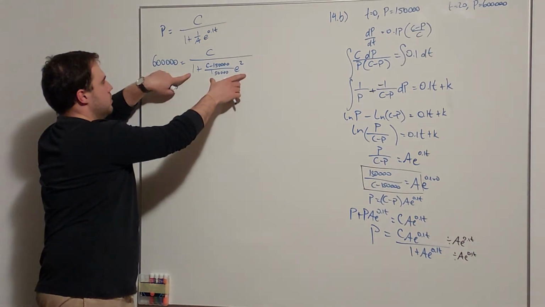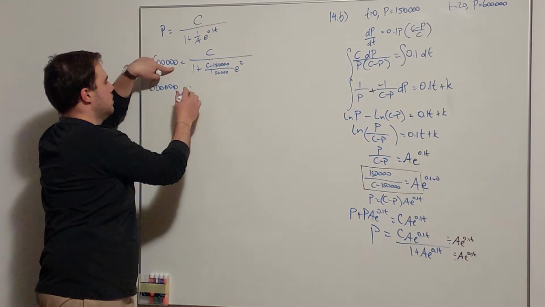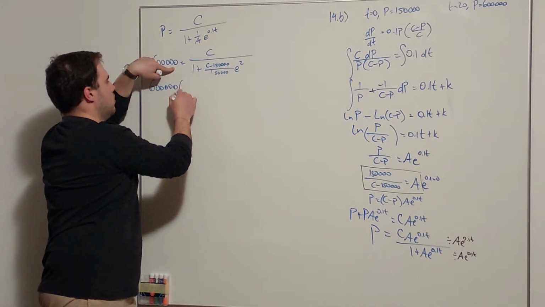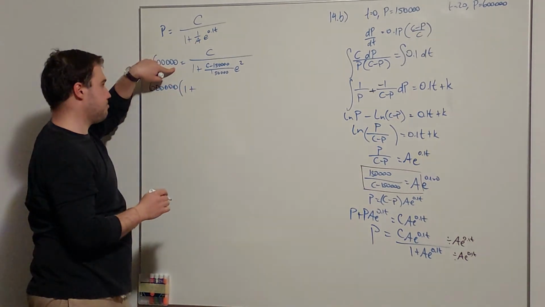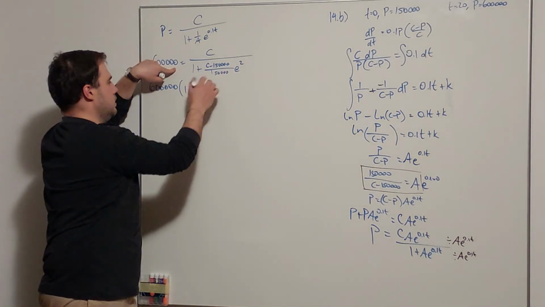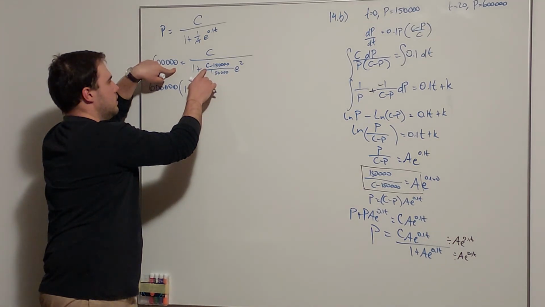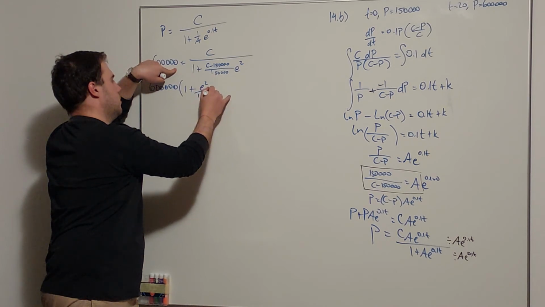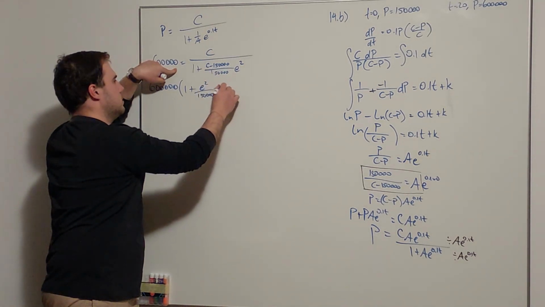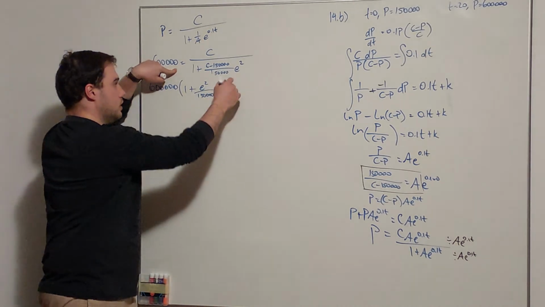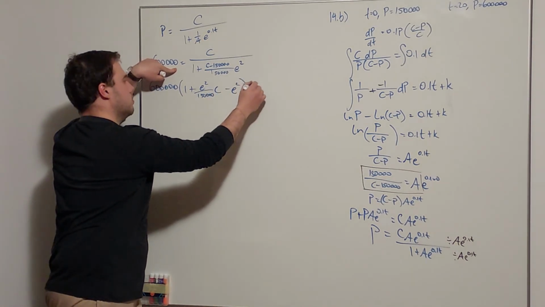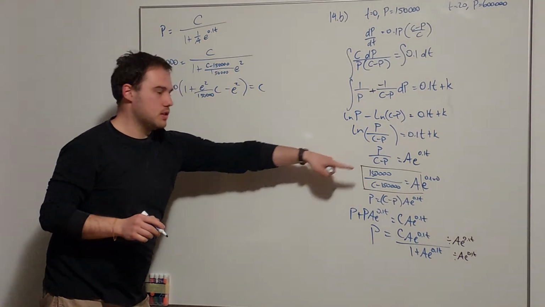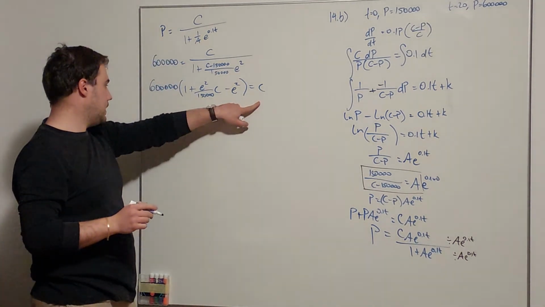If we times all this up here, we're going to have 1 plus C e squared on 150,000, C minus 150,000 on 150,000 is 1, e squared, and that's all going to equal C. Similar to over here where we needed to group our P's up, we're going to need to group our C's up.